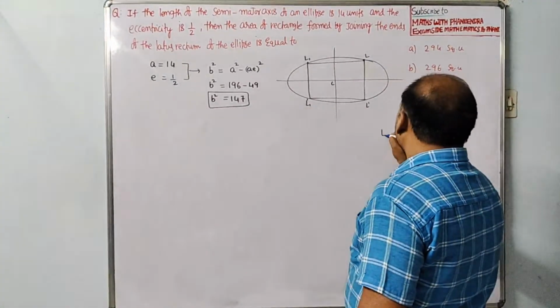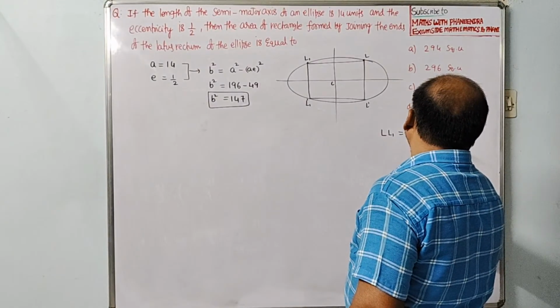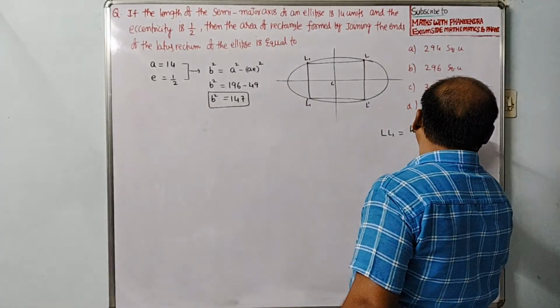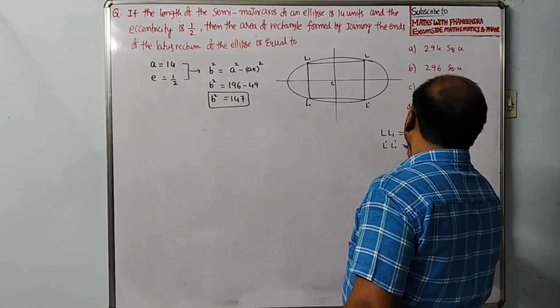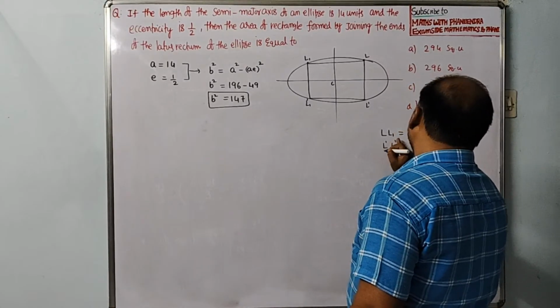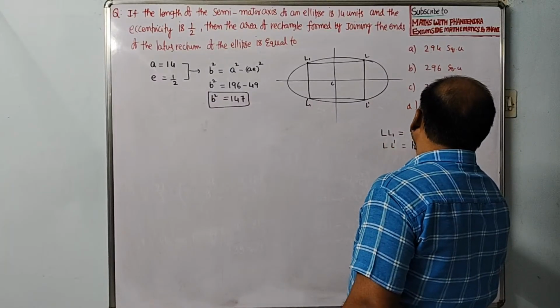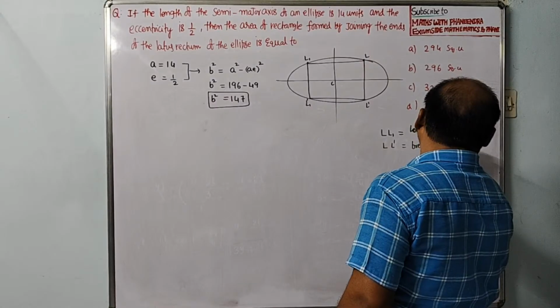So L1 is equal to the length of the rectangle and L dash is the breadth of the rectangle.